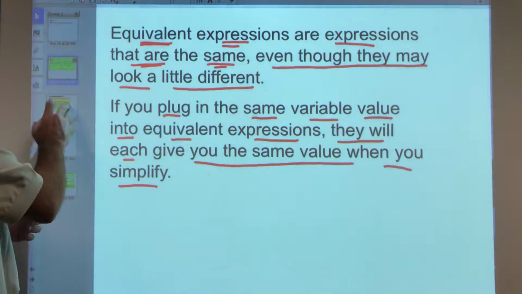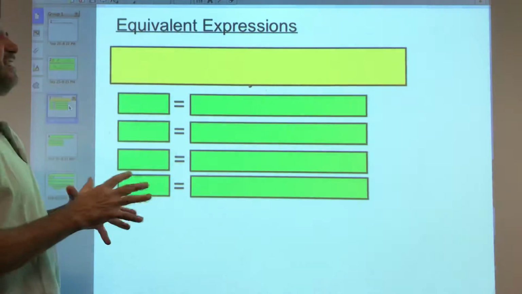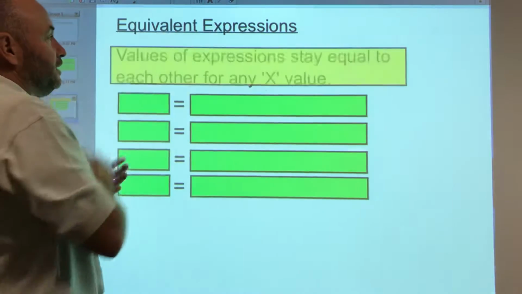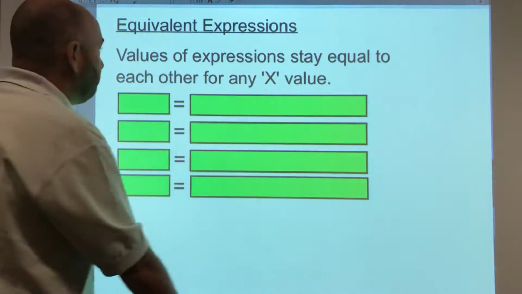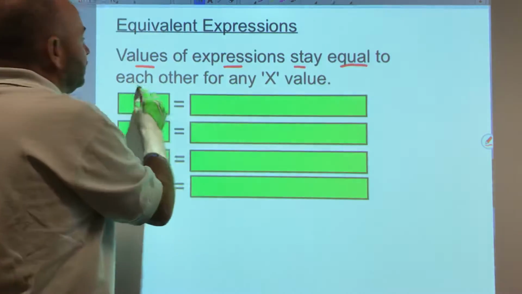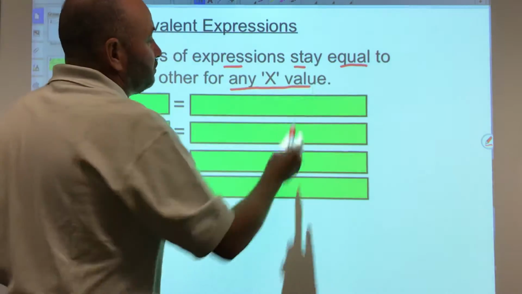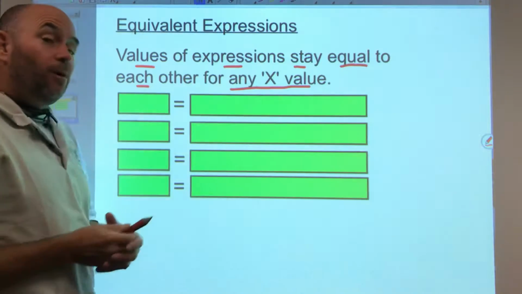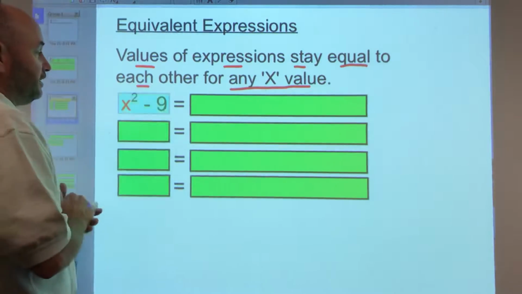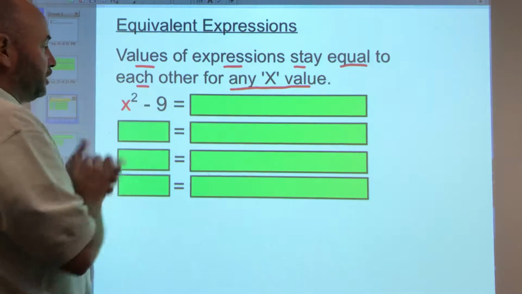Now we're going to go over that a little bit right now to help clear that up, okay? So here's an example of a set of equivalent expressions. Now remember, values of expressions stay equal to each other for any x value when you're talking about equivalent expressions, okay? So let's just take a look at this expression here.